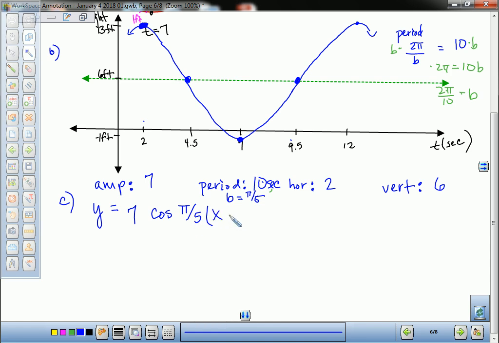Then minus the horizontal shift plus the vertical shift. If you like having the B factored out, it would look like that. If you are more comfortable with it not factored out, it would look like this.